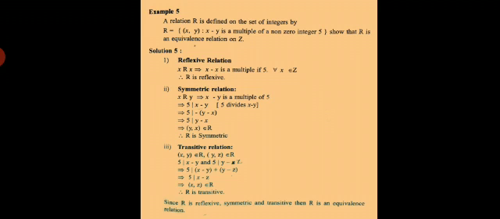That means x minus y is a multiple of 5. Then 5 divides x minus y. If x minus y is a multiple of 5, then obviously 5 divides x minus y. See here, x and y can be interchanged in symmetric. How? (x, y) should be written in the inverse relation as (y, x).